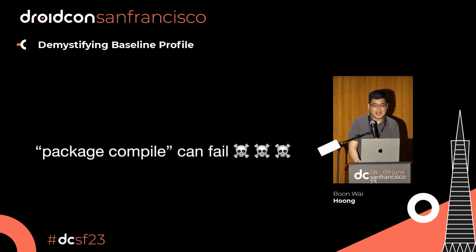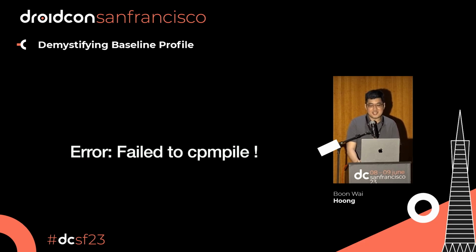One thing that is a big problem is that package compile can actually fail, due to many various reasons, and it's really flaky. So let's talk about it. You may see this error depending on your dogfooding device, technically just your test device itself.